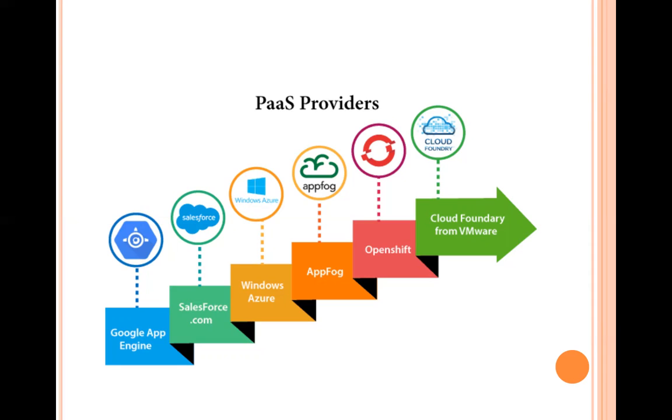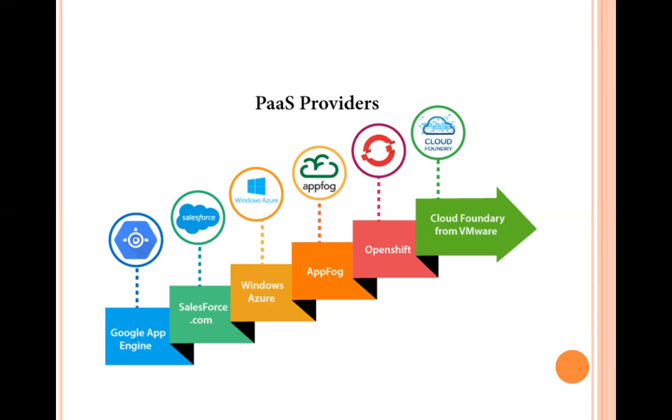He just requires one single PC and an internet connection through which he can develop any kind of web application using popular programming languages like Java. The PaaS provider provides infrastructure as well as platform, storage, and databases also. So we can easily develop applications using PaaS.